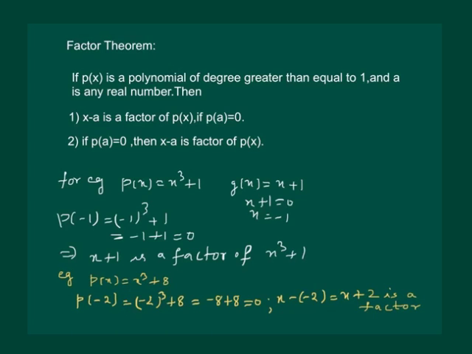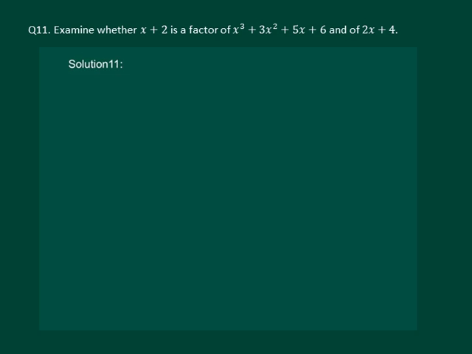So in simple words, it means that if g(x) is given, let us read the question. Examine whether x plus 2 is a factor of p(x) and t(x). We know that x plus 2 will be a factor of p(x) if remainder comes out to be 0.